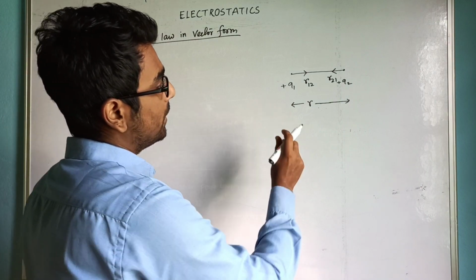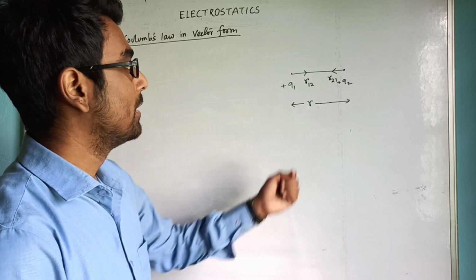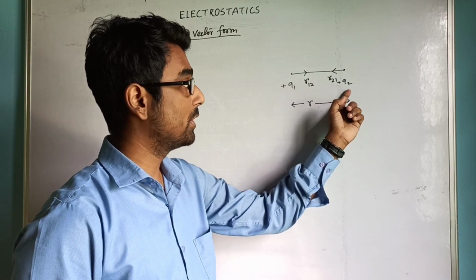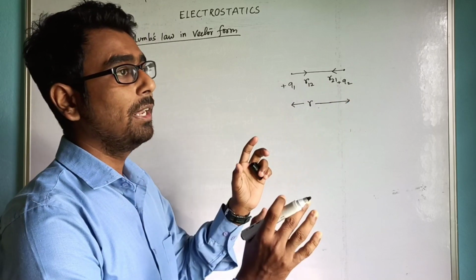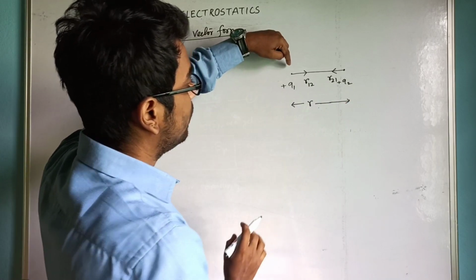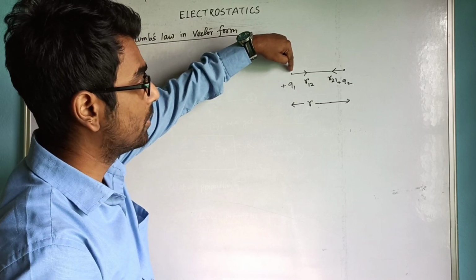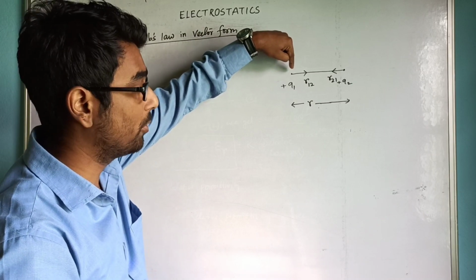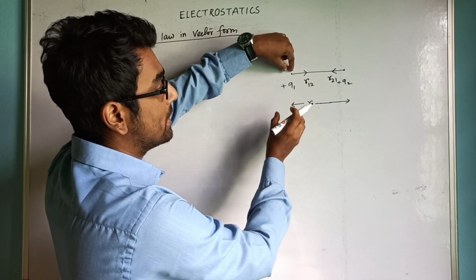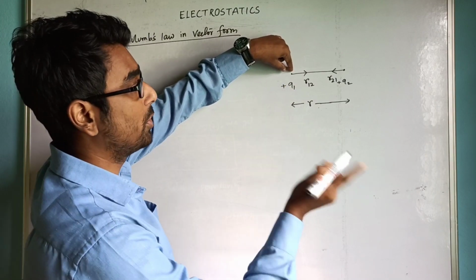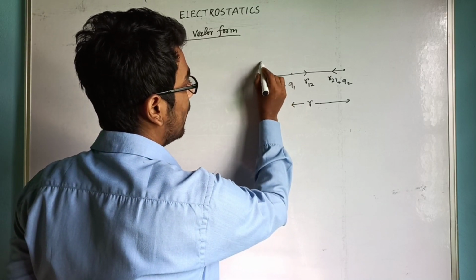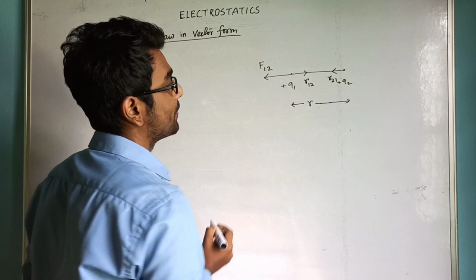Now what will be the direction of the force? It is clear that if both the charges are positive in nature, there will exist a repulsive force. Now suppose you are standing at the point of Q1. What will be the force acting on Q1 due to Q2? The force will act in this direction, F12.